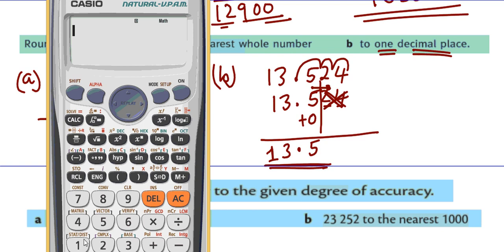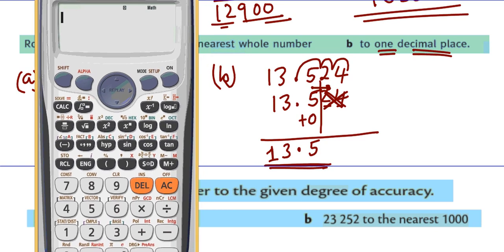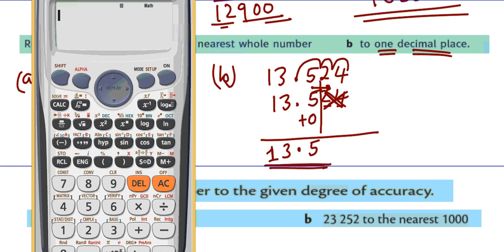So what we do, you type the number, 13.524. Okay, this is the number, 13.524.